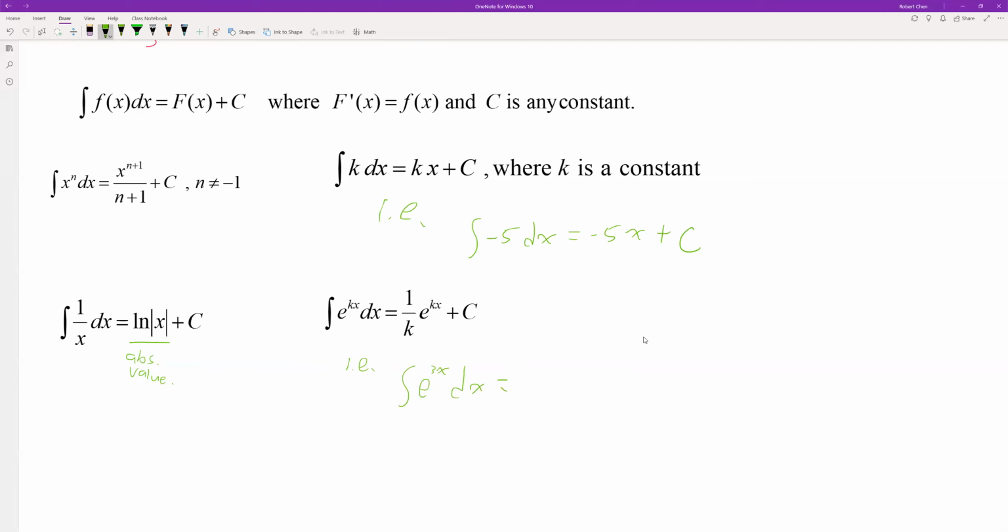Now, if it's taking the derivative, then we would multiply the 3, right? But since we're taking integrals, we have to do the opposite of multiplying by 3, which is divide by 3. And always don't forget to add a c.